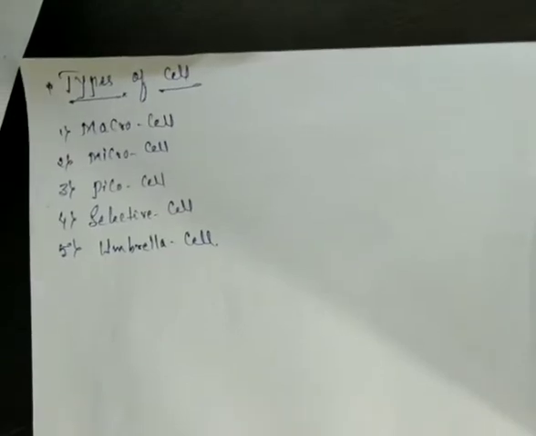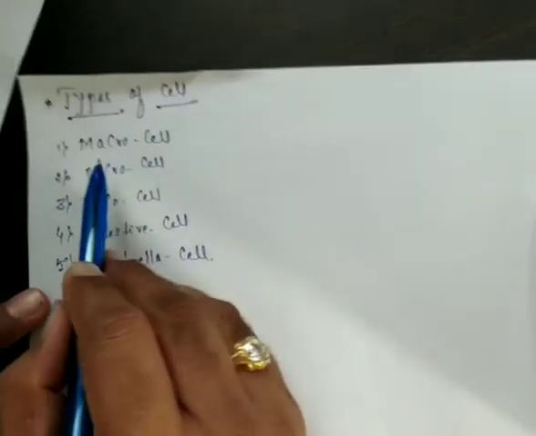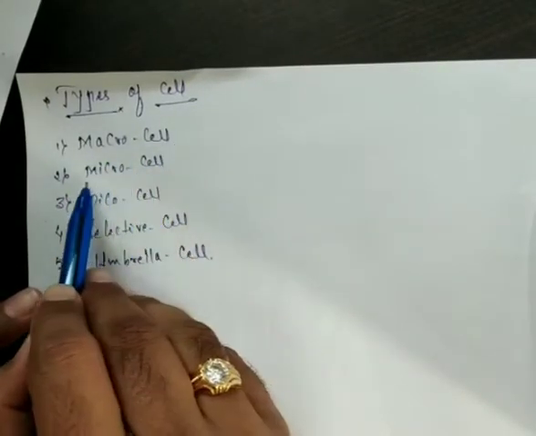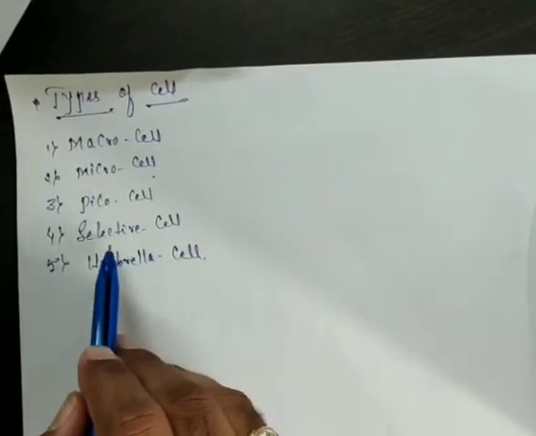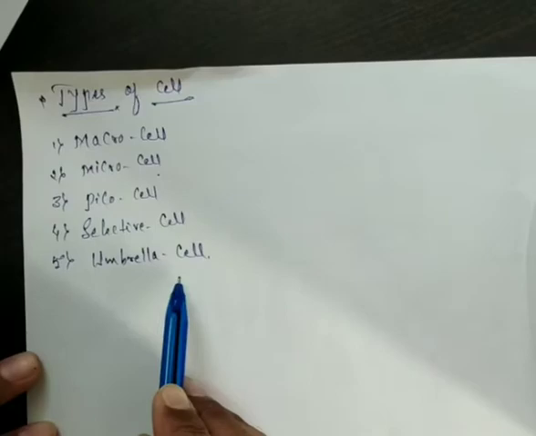These are the five different types of cells that come under the cellular concept.